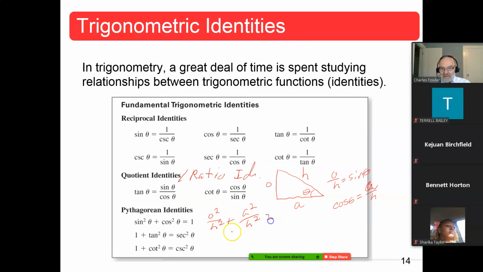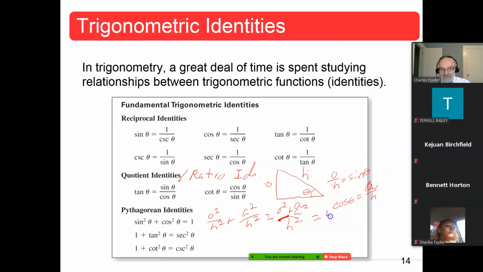Well, what is that? We have a least common denominator of h squared, and your numerator is o squared plus a squared. But this is why it's called Pythagorean identities. O squared plus a squared, those are the two sides of a right triangle, is equal to h squared.